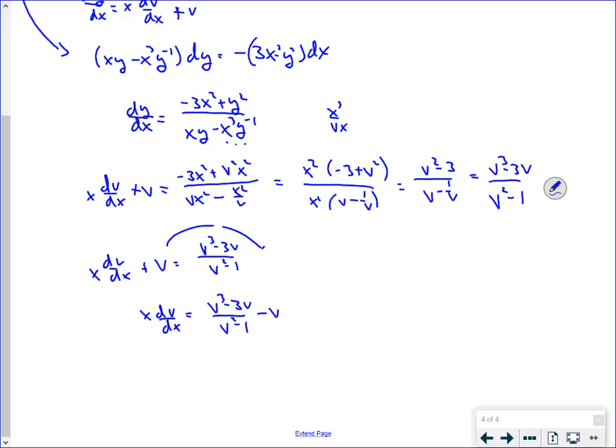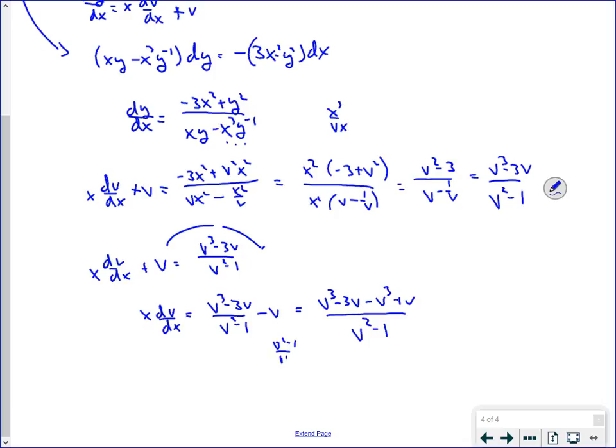And I'm going to have to put these into one single fraction here, because this is a separable equation. It doesn't look like it, but it really is. v cubed minus 3v minus v cubed plus v over v squared minus 1. Because this term has to be multiplied by v squared minus 1 on top and on the bottom.